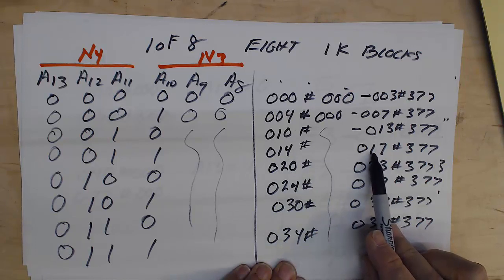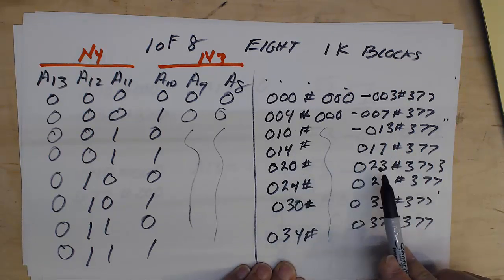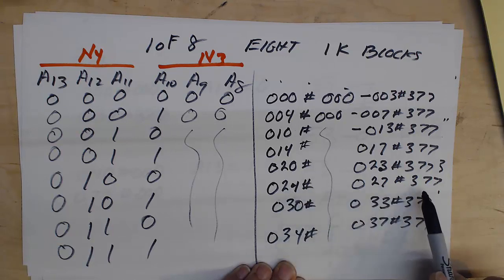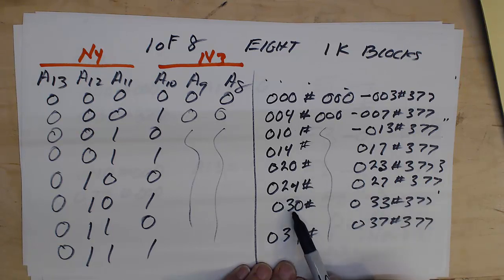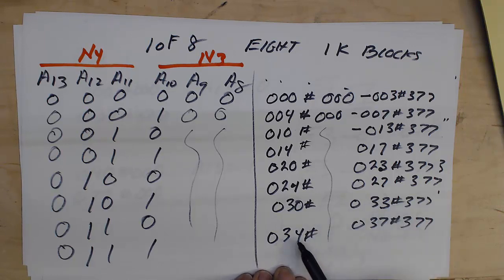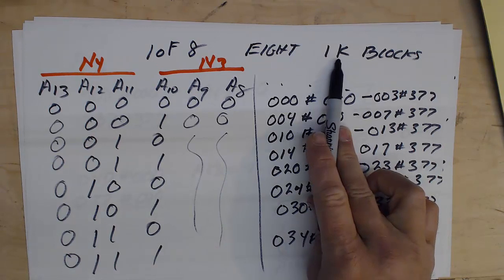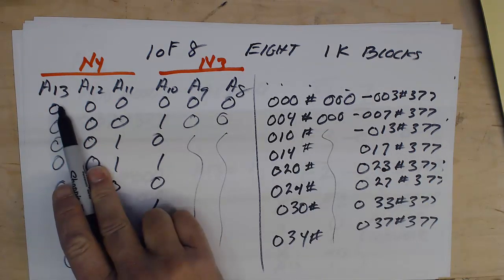He'll go up to 017377. The next up is 020. He'll go up to 023377. After 023 is 024. He'll go up to 027377. 030 up to 033377. 034 up to 037377. So these are the 8 1K blocks if A13 is equal to 0.